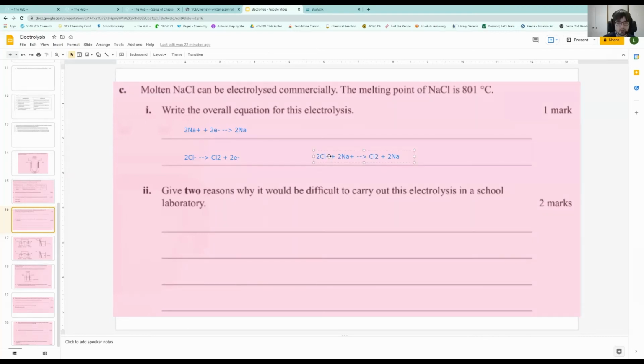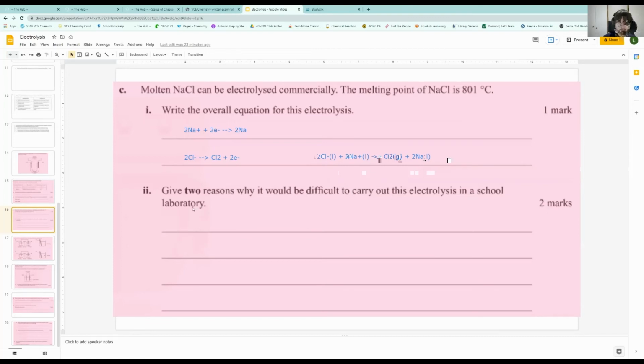And I'll be a good boy and I will put in my states here. Do you remember that this is molten? It's not aqueous, so therefore our state is going to be liquid. The sodium metal would also be a liquid. In this case here, I'm pretty sure they wouldn't mark you on not knowing the melting point of sodium, but alkali metals are pretty soft, so they're not high temperatures.